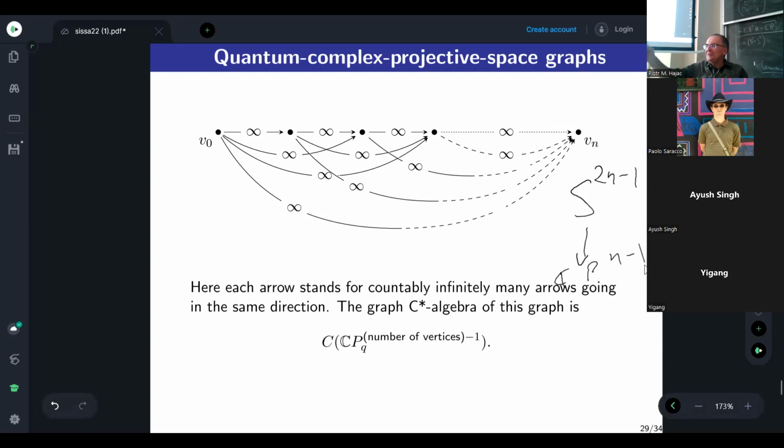Of course, for n equal 1, we have a circle divided by the circle, which is a point, and the point is CP^0. Yes, of course. This looks ugly, so I can write plus 1. Thank you.